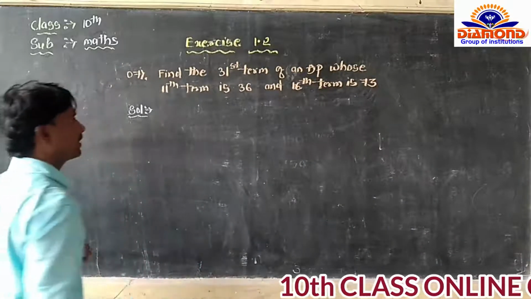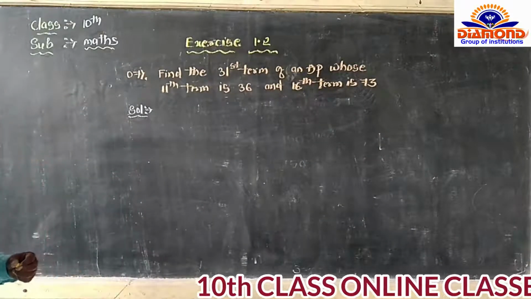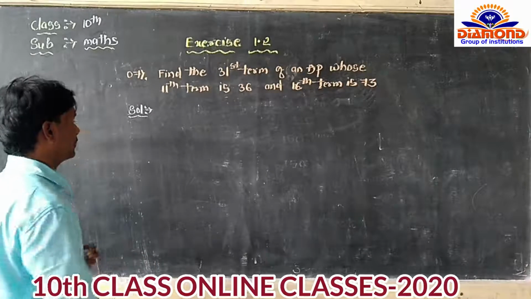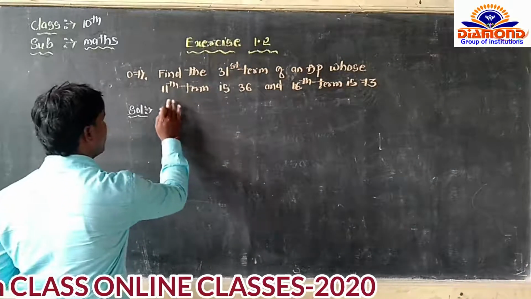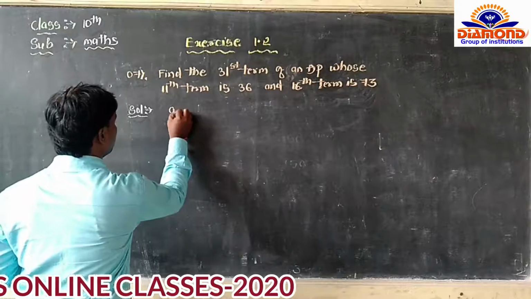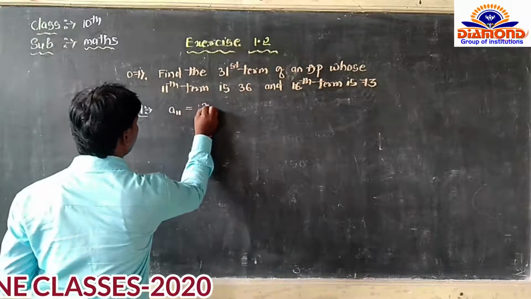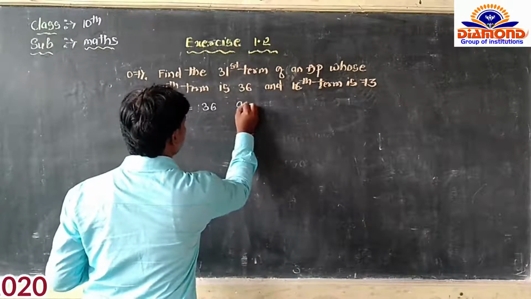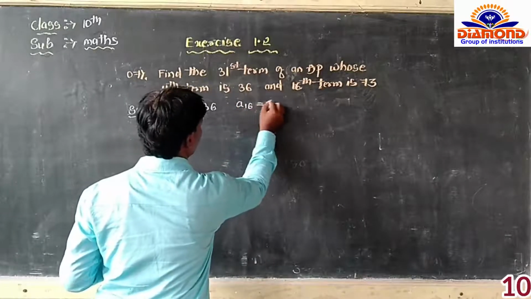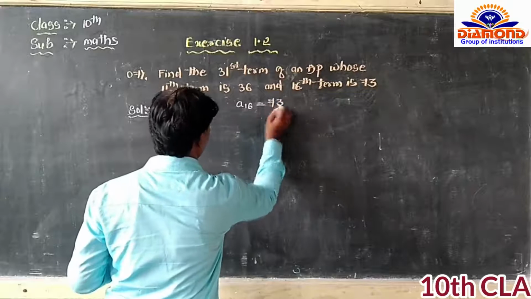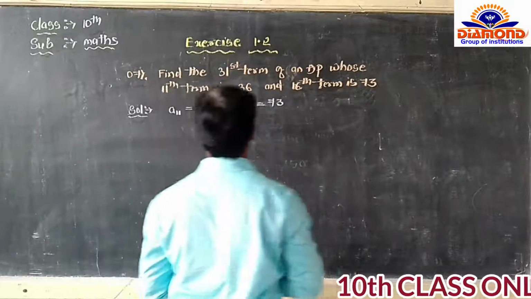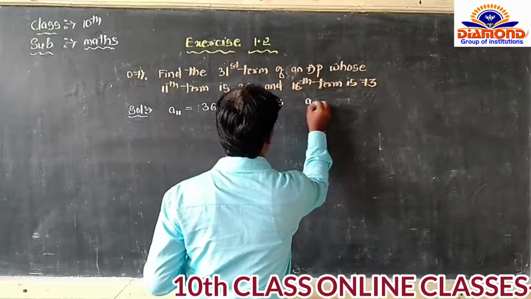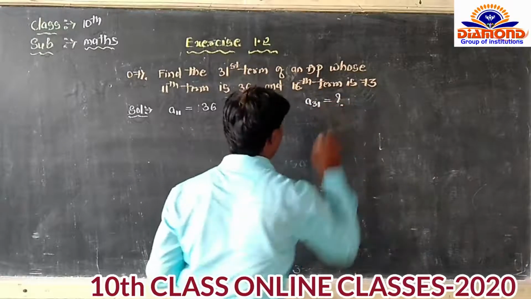Find the 31st term of an AP whose 11th term is 36 and 16th term is 73, dear students. Already I told you, a11 is given as 36 and a16 is equal to 73. Now we will find out a31, which is equal to question mark.